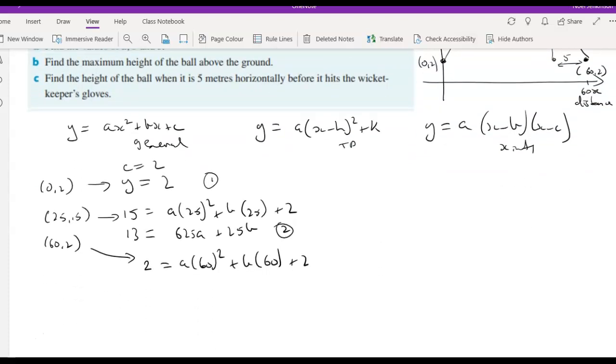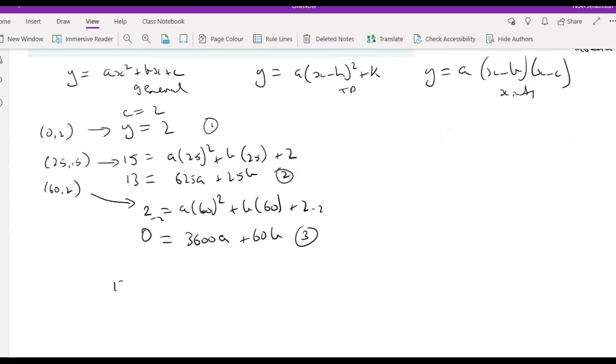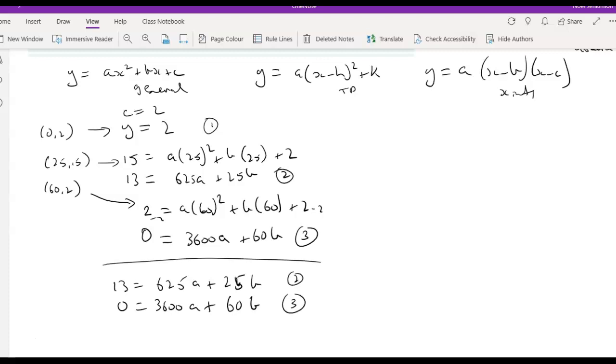If I take that 2 over, I'm going to have naught equals, and 60 squared, I think it's 3,600, isn't it? 3,600a and 60b. And we've taken that with minus 2 from both sides. There's equation 3. Now we would need to take equation 2 and 3. So the 13 equals 625a plus 25b, and the naught equals 3,600a plus 60b. Those are the two equations we're working with, and we need to solve them simultaneously.